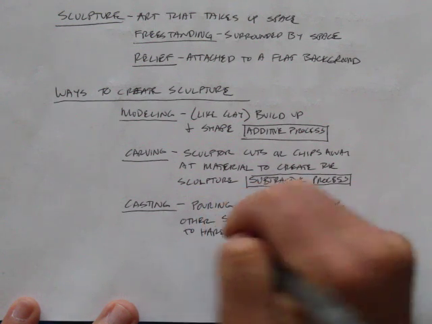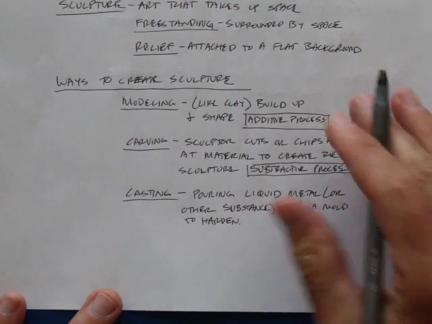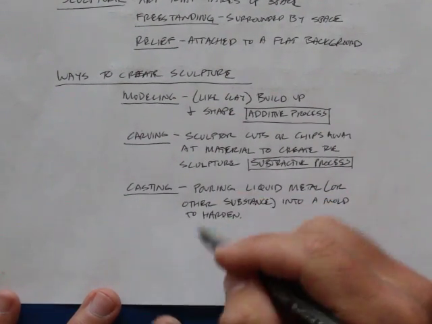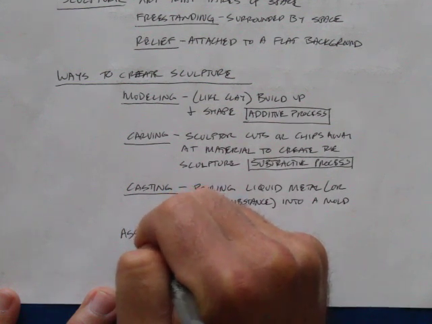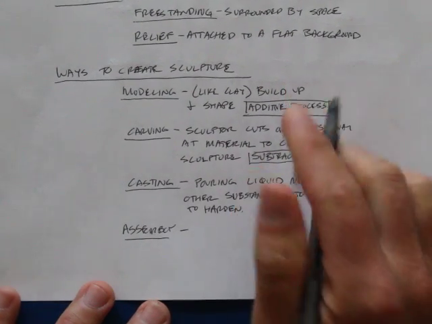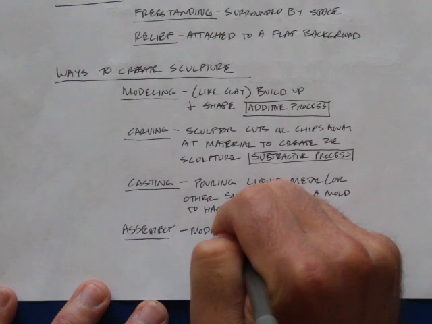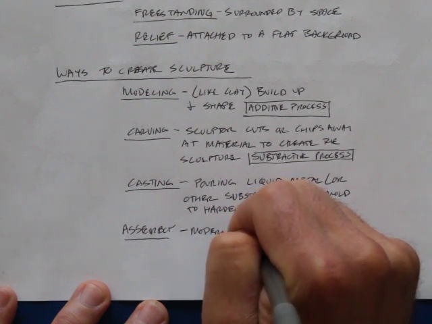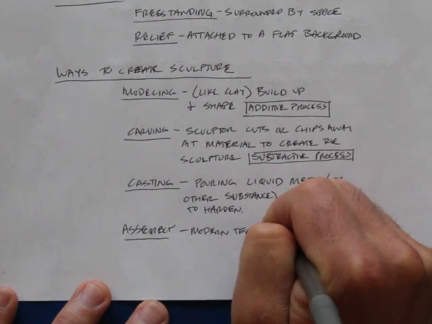All right, let's go ahead and look at assembly. This is the last bit for today's lesson. Assembly is a more modern technique, and it is more about finding things and putting them together in an interesting way.